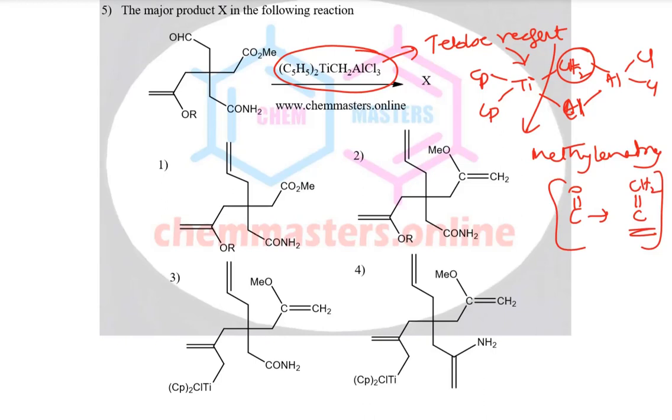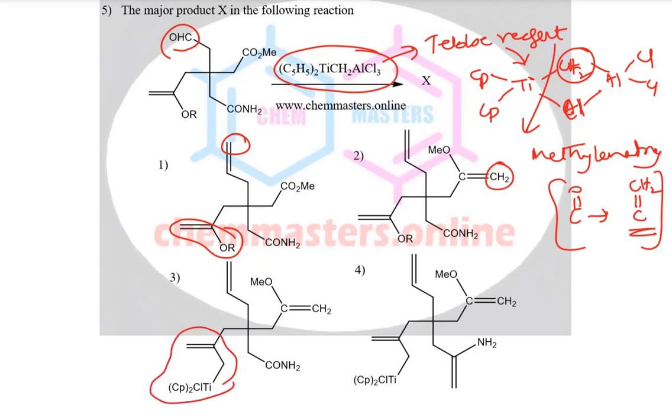Here all of them react. So aldehyde reacts to produce CH2, and ester just produces CH2 here. And in the third case, whenever this reagent attacks, vinyl ethers can also react with this Tebbe reagent and produce this product.